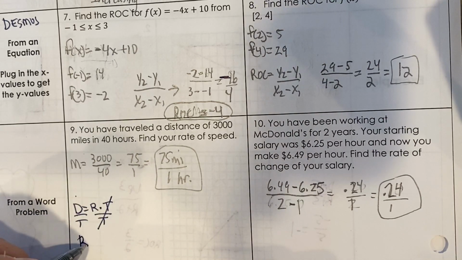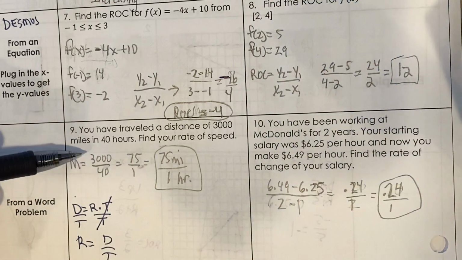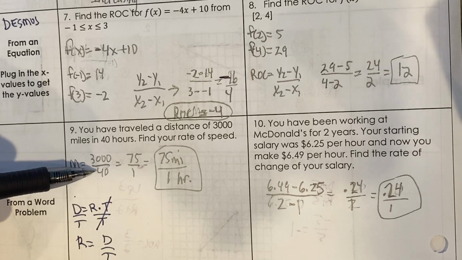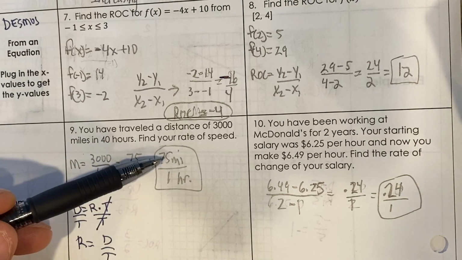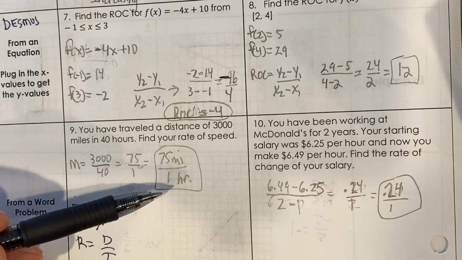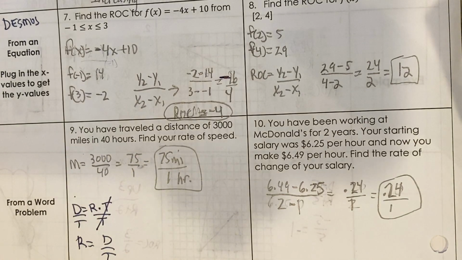Rate is now by itself. Rate equals distance divided by time. So 3,000 miles divided by 40 hours gets me 75 over 1, which is 75 miles in 1 hour. So every hour you're going 75 miles.